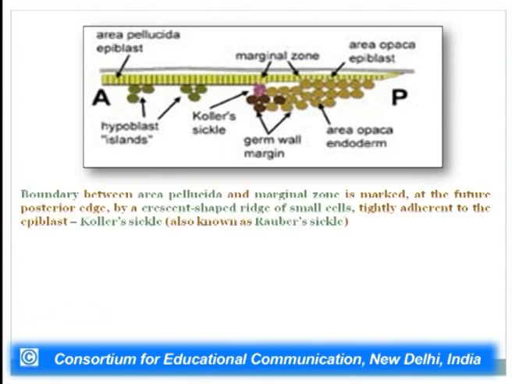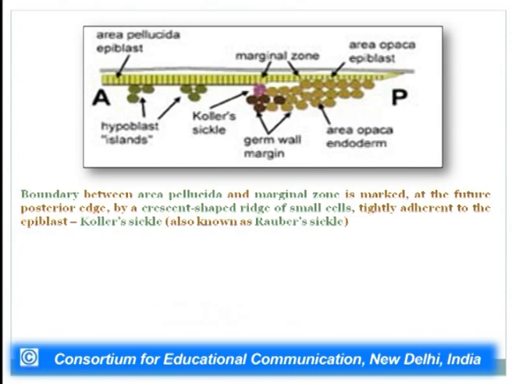The boundary between the area pellucida and the marginal zone is marked at the future posterior edge by a crescent shaped ridge of small cells tightly adherent to the epiblast, Koller's sickle, also known as the robber sickle. So, Koller's sickle or robber sickle is very important, and you can see its location is basically between the area pellucida and the marginal zone. So, it is at the boundary of the area pellucida and the marginal zone.